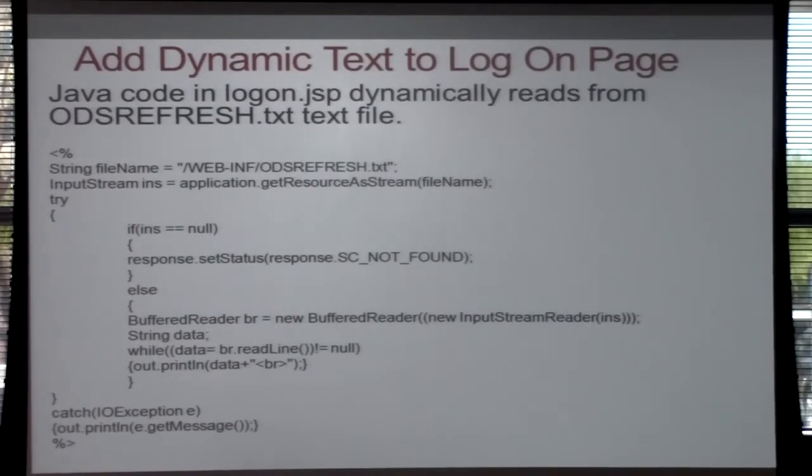I added this little Java code snippet which fetches the text file where I wrote the date and time, and then it prints it out on the screen. That's really all this is doing, getting that text file and then displaying the contents.